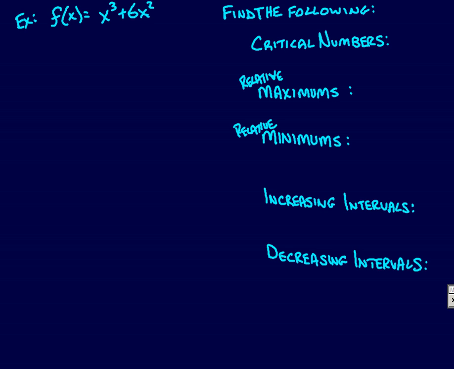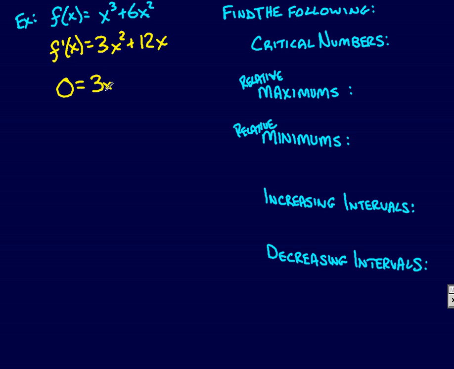So same thing we've done before. If we want to find all this information, critical numbers, relative max and min, increasing and decreasing intervals, it all begins with a derivative. So take the derivative, 3x squared plus 12x. I want to set that derivative equal to 0. I also want to check anywhere the function is undefined, but in this case there's nothing where the function is undefined, so we don't have to worry about that.